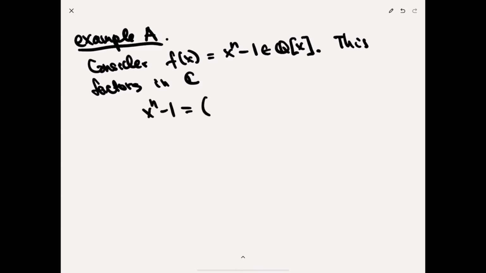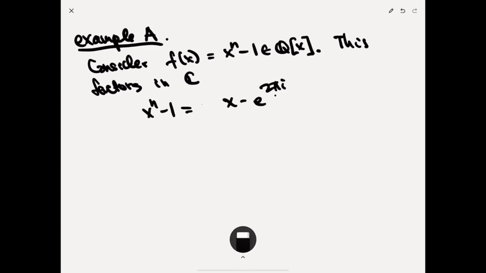Okay, so here x to the n minus 1 is the product from j equal to 0 to n minus 1 of x minus e to the 2 pi i divided by n, raised to the jth power.